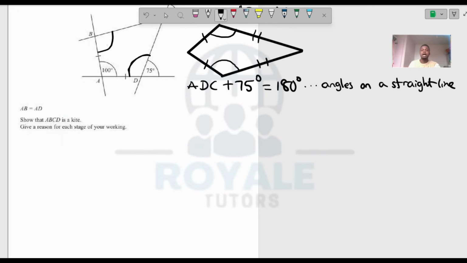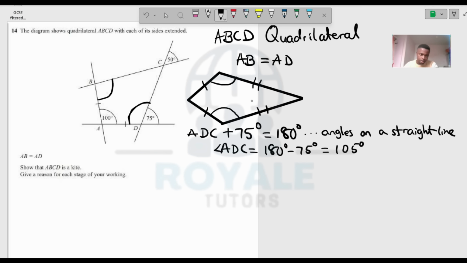Now, if ADC plus 75 gives us 180 degrees, then angle ADC is equal to 180 degrees take away 75, and that gives us 105 degrees. So I can come back here and say this angle is 105 degrees.